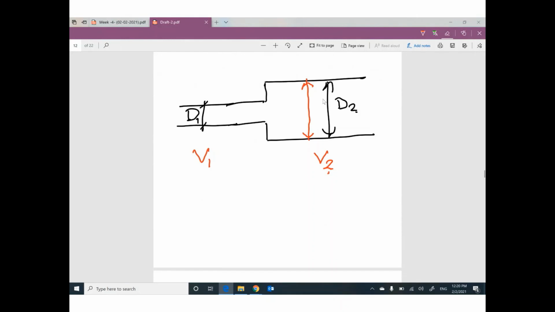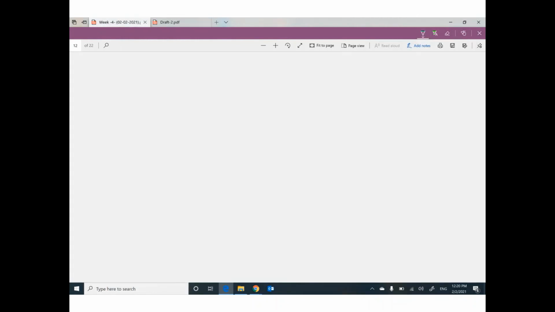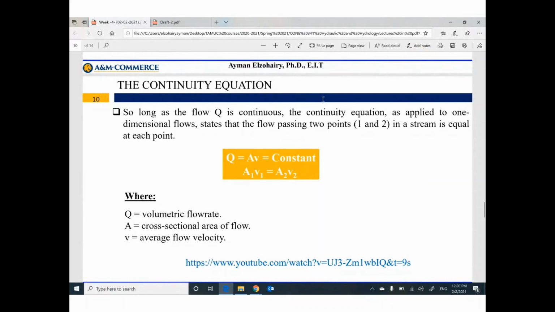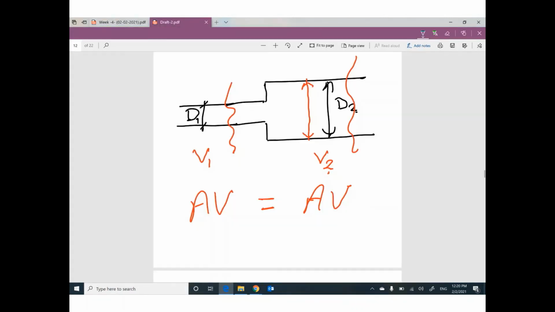For one reason, we have to maintain this relationship. Area times V at this location must equal area times V at this location, based on something called the continuity equation. This area is small because we have a small diameter.